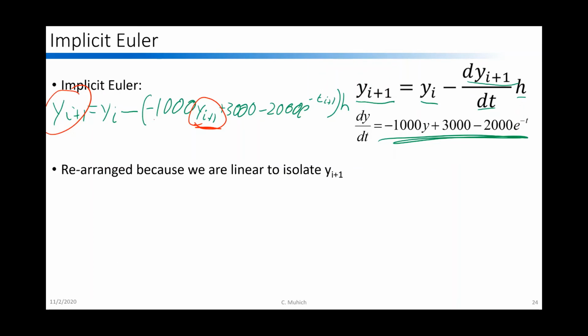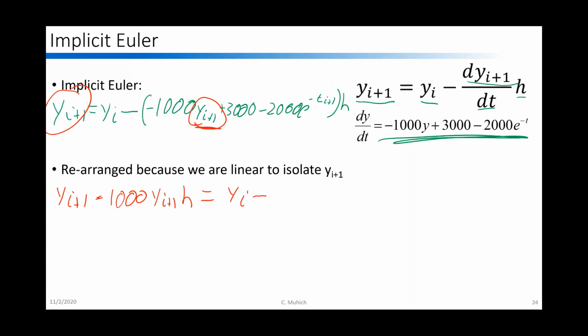So what I need to do is pull y_{i+1} minus, because I need to get a minus term over here, so it should be a plus term, plus 1,000 y_{i+1} h is equal to y_i. Oops, sorry, I messed it up. This should be minus. There we go.